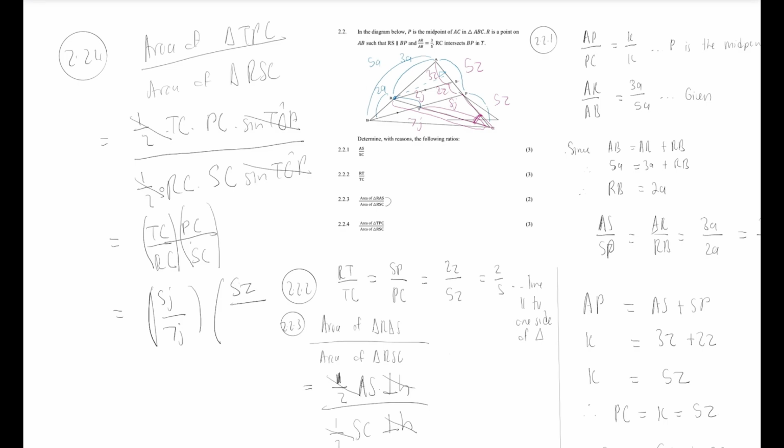Over my SC, which is 2Z plus 5Z, which is 7Z. Then this cancels, this cancels. So that says 5 over 7 times 5 over 7, which is going to be 25 over 49.